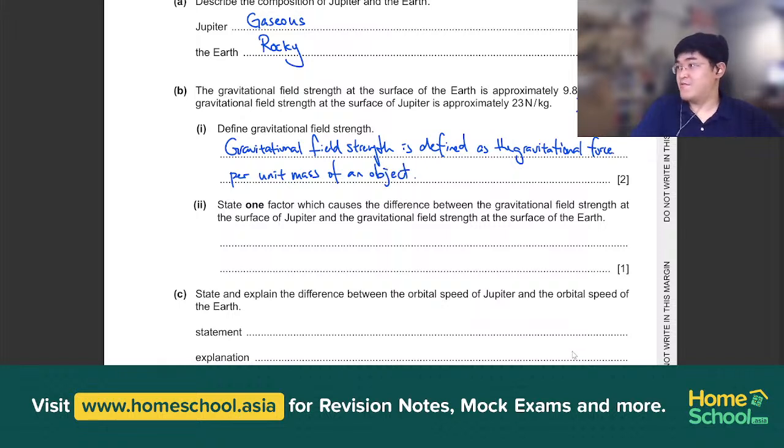Okay, so if you write this, gravitational field strength is defined as the force or gravitational force per unit mass of an object, you get your full 2 marks.